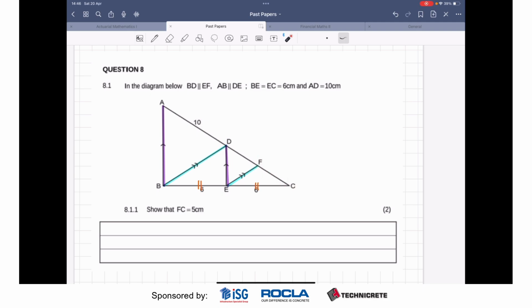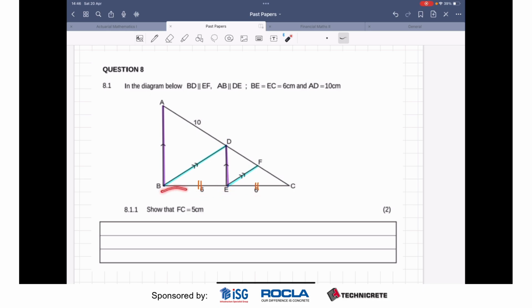Okay, so the first thing I notice in this diagram is that I've got a lot of parallel lines going on, and I'm working in triangles, so I think I can use the midpoint formula, and indeed I can see that this line of triangle ABC is parallel to this line DE, and I was told that EC is equal to EB, which means that E is the midpoint of this line.